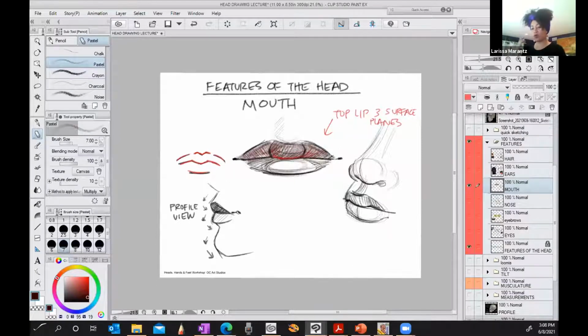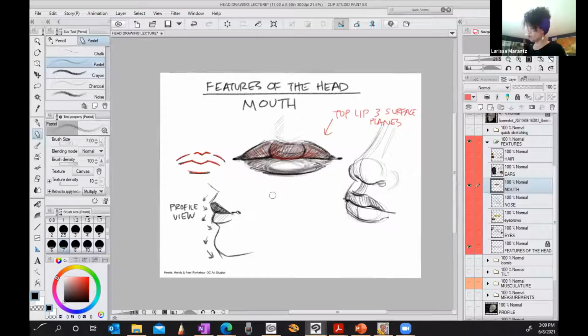But even if you aren't wearing anything on your lips, this bottom portion is going to be lighter here because it's facing upward, facing the light. We'll have a little bit of shadow underneath this portion here. We'll usually have a little bit of shadow in the corners of the mouth, around here, and then depending on how full the lips are, shadows on the bottom of the lip.